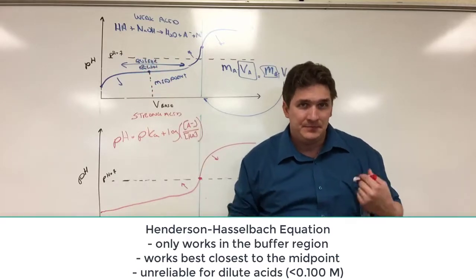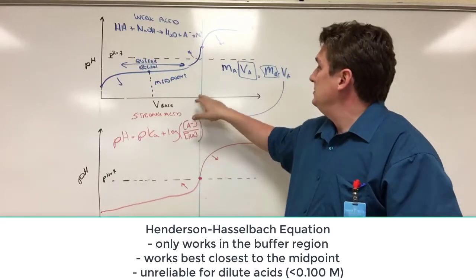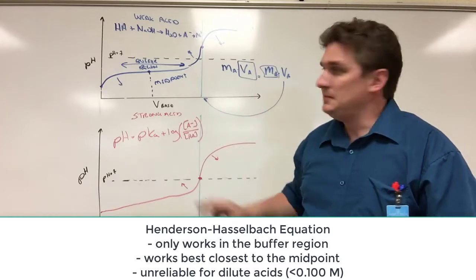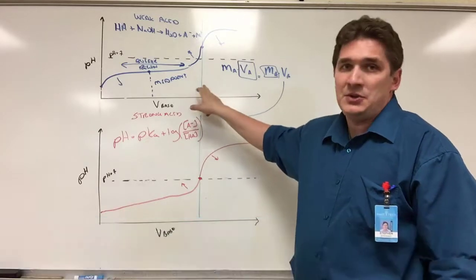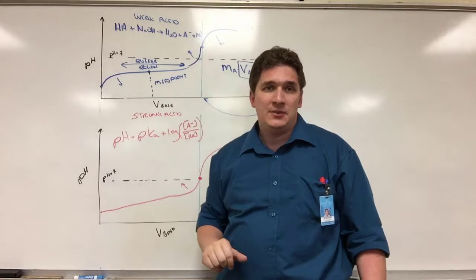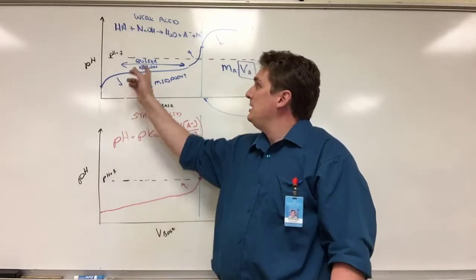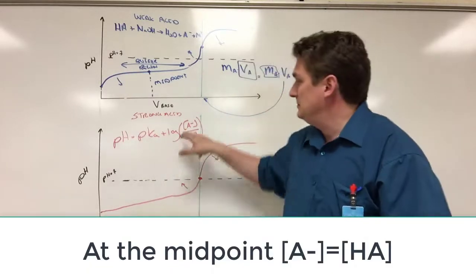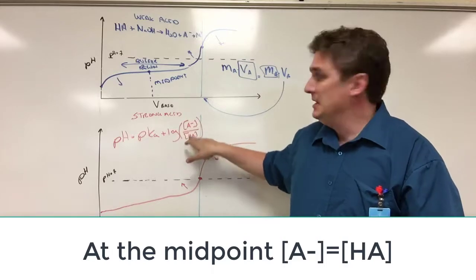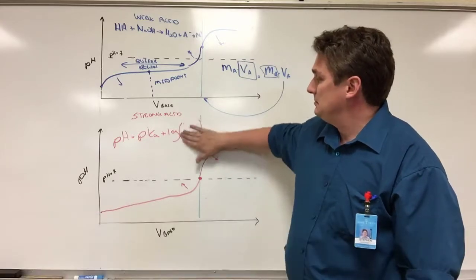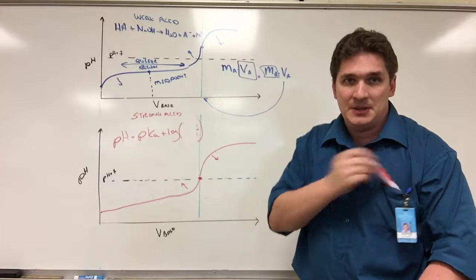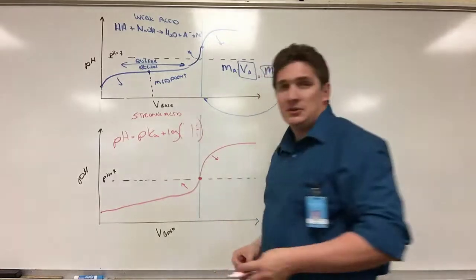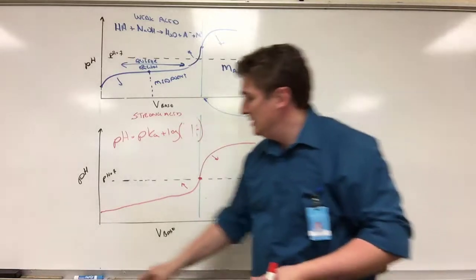But here's the thing. If we know the volume of the base that we need to neutralize, we know half that volume is the volume at the midpoint. And at the midpoint, we have equal concentrations of conjugate base and parent acid. So the ratio of the concentrations becomes 1. And the logarithm of 1 is 0.